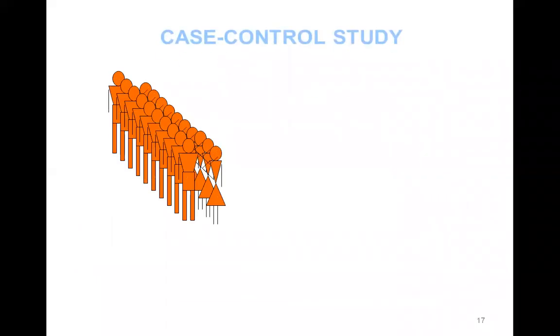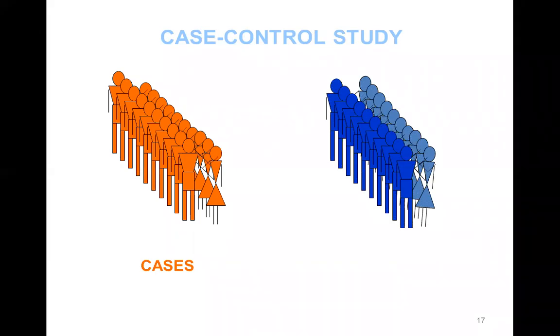And so in a case control study, you're comparing all of the orange people that are available. Those will be your cases. And you're comparing them to all the blue people, who are your controls, okay? By doing that, you eliminate the issue of being able to do serial or random sampling.